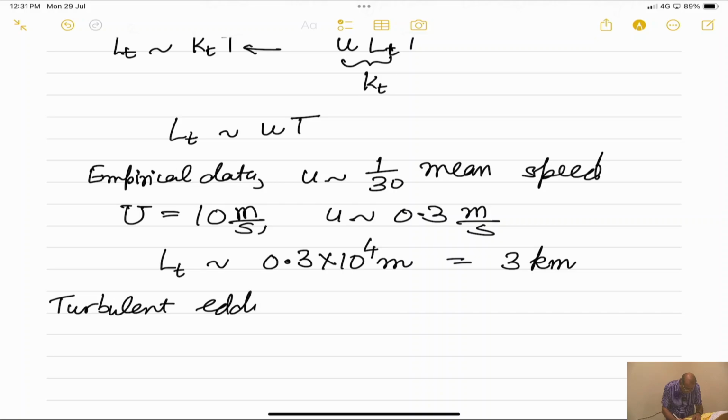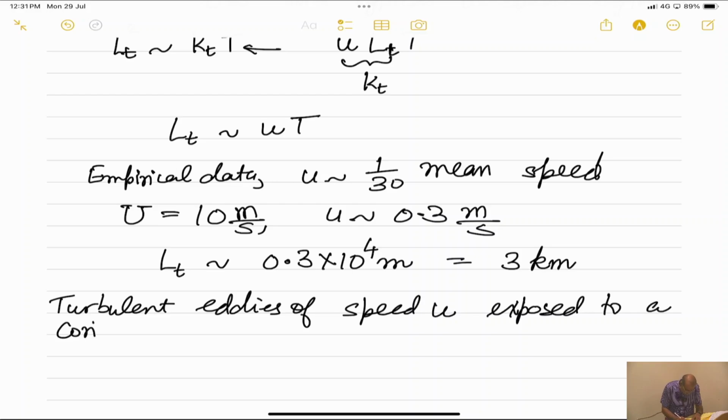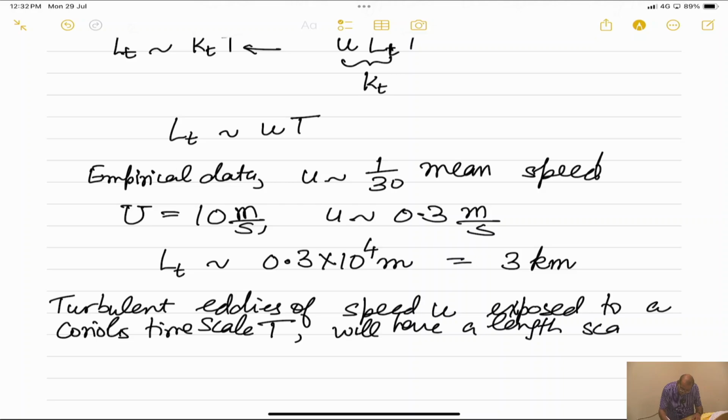So the crux here is that what we have are turbulent eddies of speed u. They are exposed to a Coriolis time scale t, and will have a length scale of u times t.